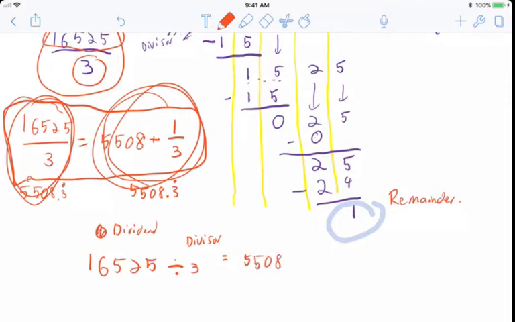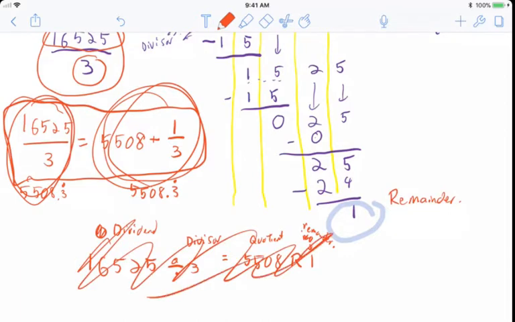That's the quotient. Big R, that means remainder, 1. Remainder. Okay? That said, I'm never gonna write that. And just to jog your memory.